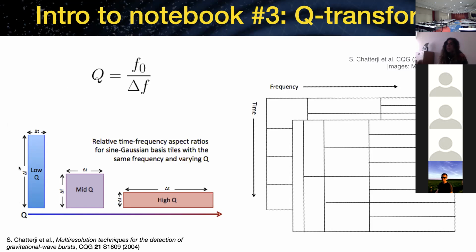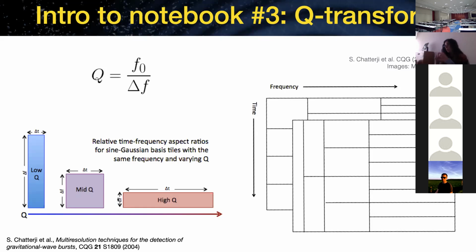Usually, when you are analyzing low frequency data, you don't need a very precise knowledge of the temporal behavior because it's very slow, but you need a very precise knowledge of the frequency.